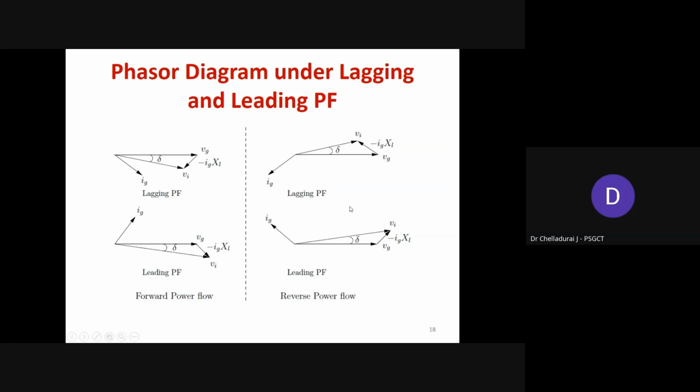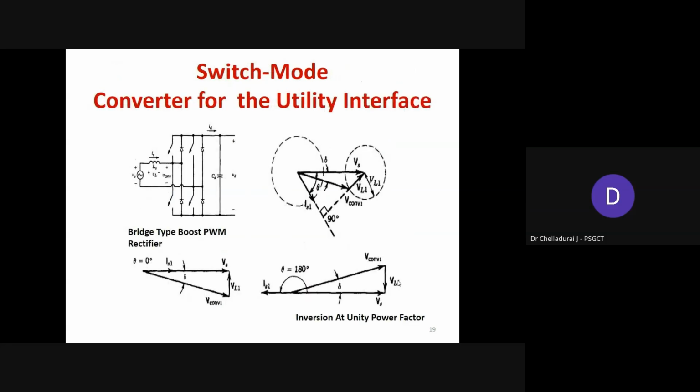Similarly, to operate the same voltage source inverter in lagging and leading power factor mode during reverse power flow, we have to change the voltage magnitude and the phase angle. So in this bridge type boost PWM rectifier circuit or grid connected VSI inverter topology, we can maintain the source side current and voltage always unity.